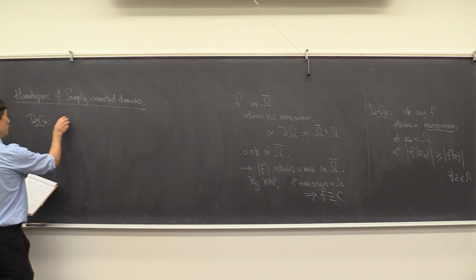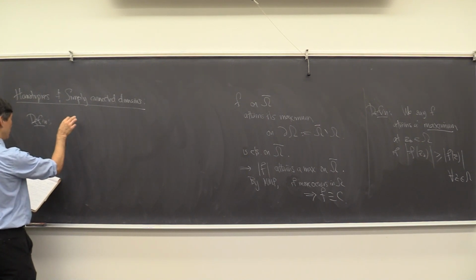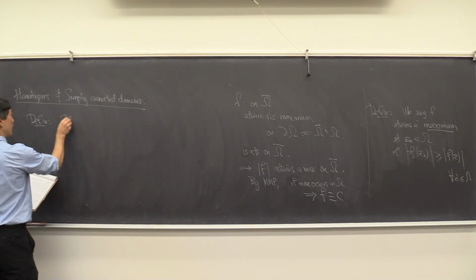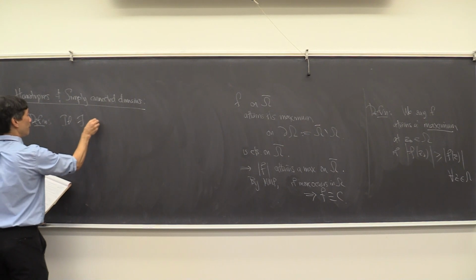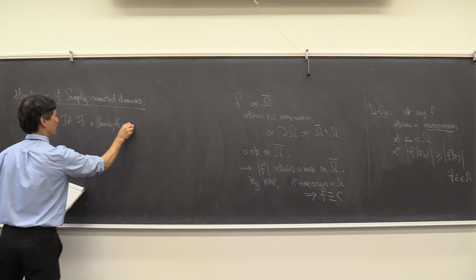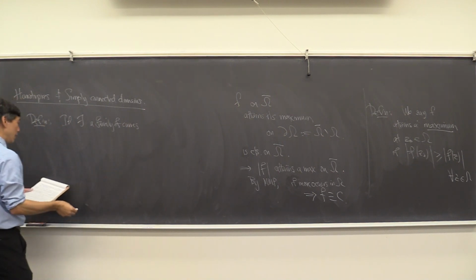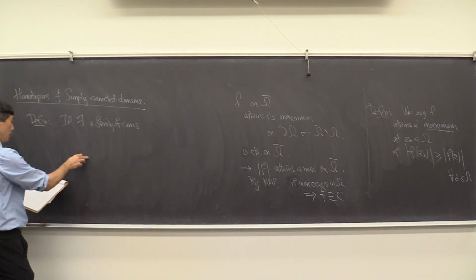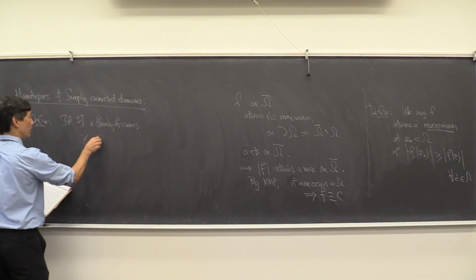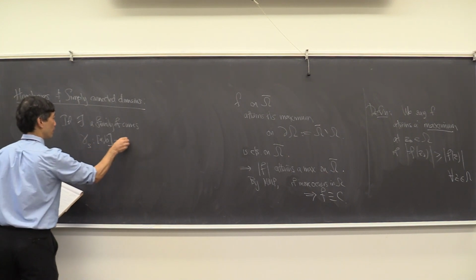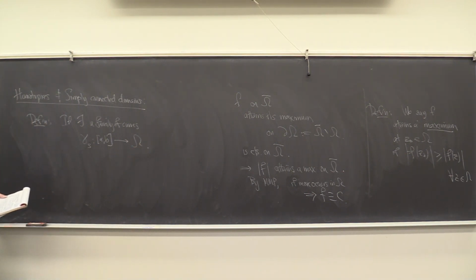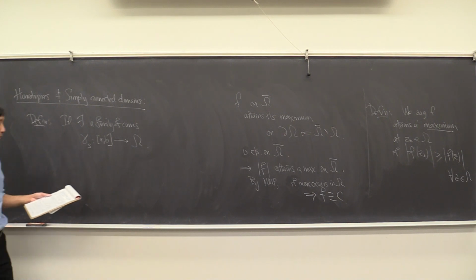I'm going to say it in kind of a weird way, but it'll work out. So if there exists a family of curves gamma sub s into some open set.